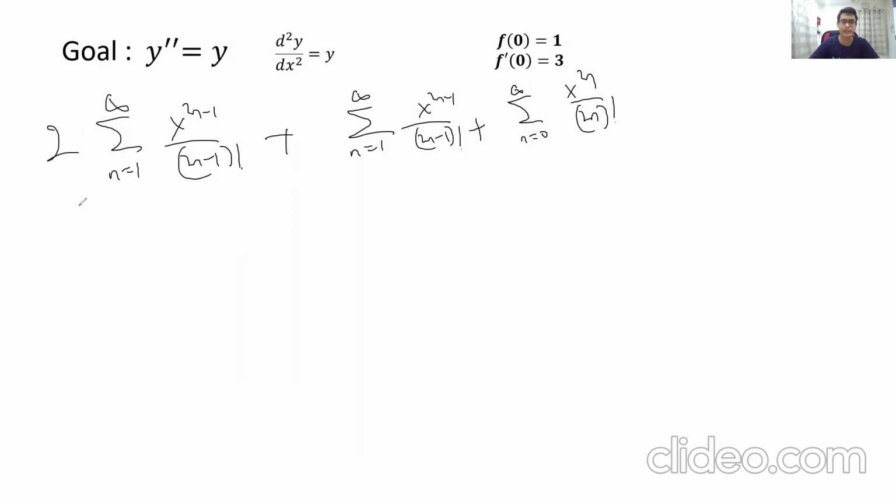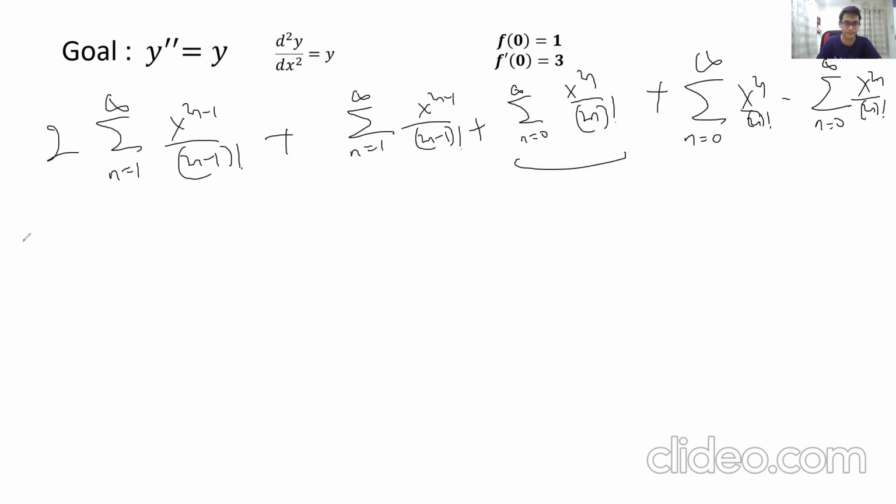Okay, and now what I'm going to do here is I'm going to add this and subtract this part. You'll see why I'm doing this. So I am going to add and subtract this. That's wonderful. Now I'm going to group.